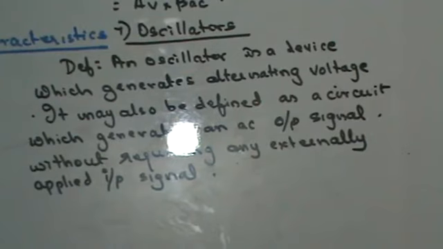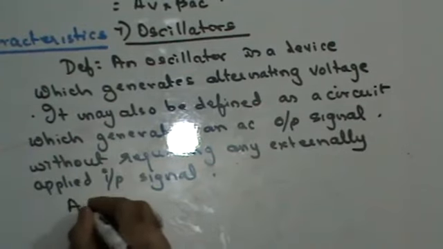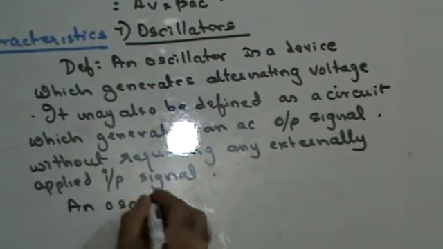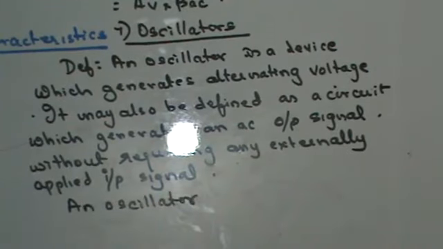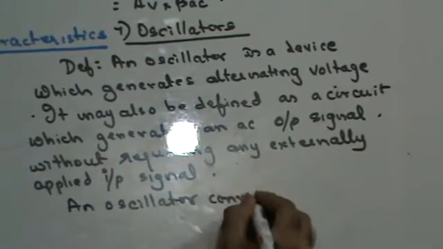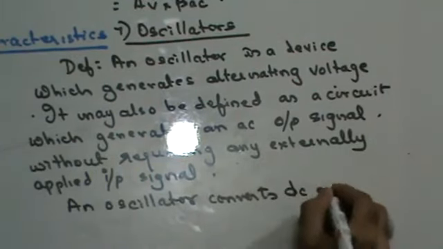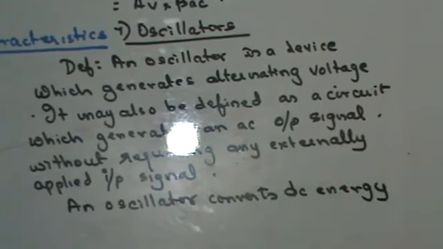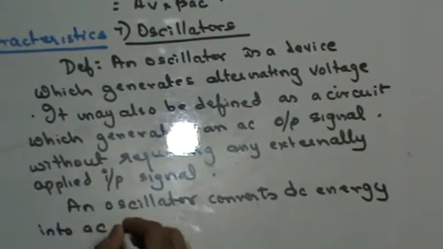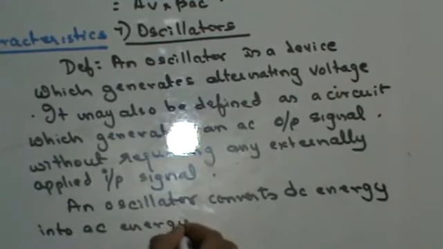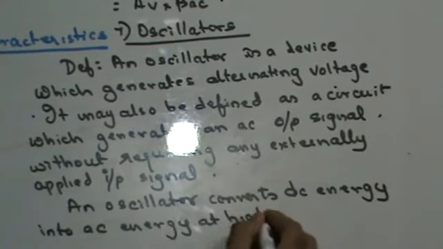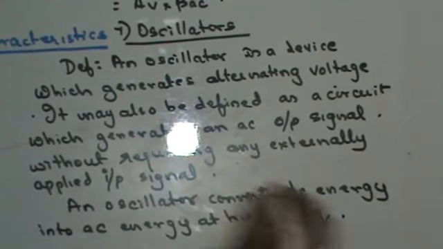So I can say an oscillator converts DC energy into AC energy at high frequency.